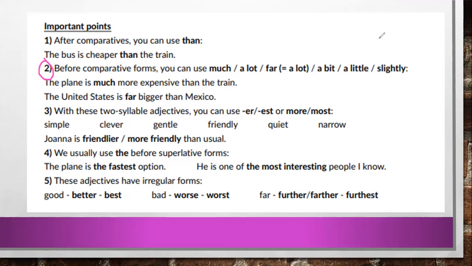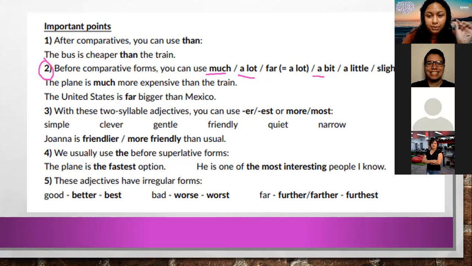So we can say much, much easier, or a lot easier, or a bit easier if we want to minimize it. A little easier or slightly easier.